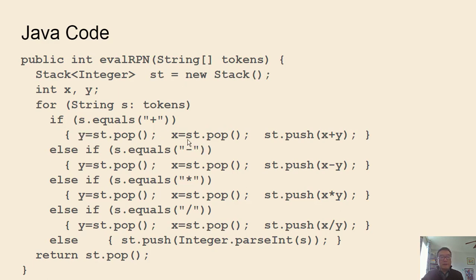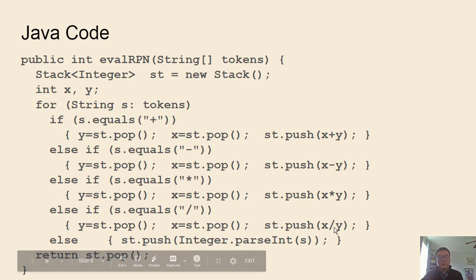The top is y, the second one is x. It doesn't make a difference for addition, but it makes a difference for subtraction. So then we compute x plus y, and then we push it back in. For subtraction, it's the second element we popped out minus the first element we popped out, so x minus y. Multiplication and division are the same.